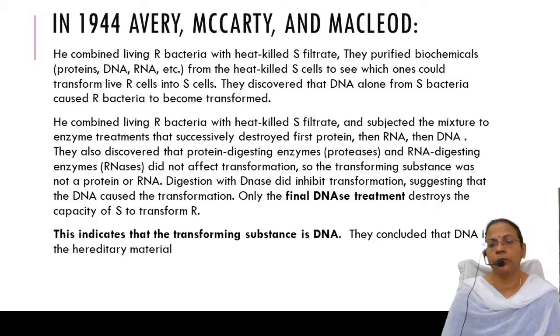They were able to transform. But when they added the DNase enzyme to the mixture of heat-killed S cells and live R cells, they found that the DNase enzyme can destroy the DNA in the heat-killed S cells.